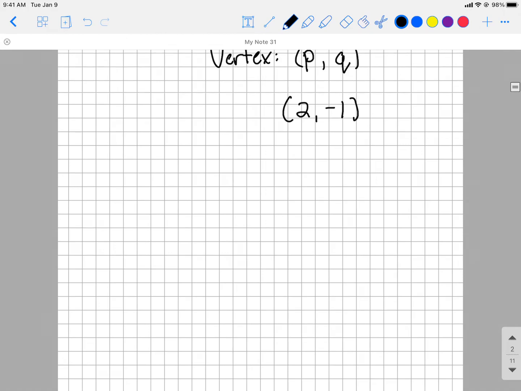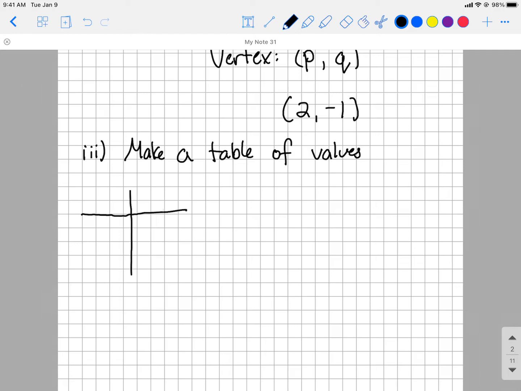So let's make our table. That's step 3, is make a table of values. If you have trouble remembering what a table of values is, you might remember it as a t-chart. So we've got our x values on the left and our y values on the right.